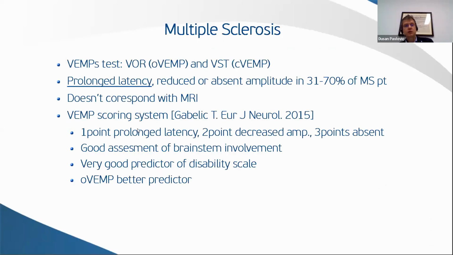So in patients with multiple sclerosis, we can have prolonged latency, reduced or absent amplitudes. And it doesn't correspond with MRI findings. What does it mean? We can record dysfunction of this reflex arc despite no visible changes at that part of the brainstem. And what does it mean?